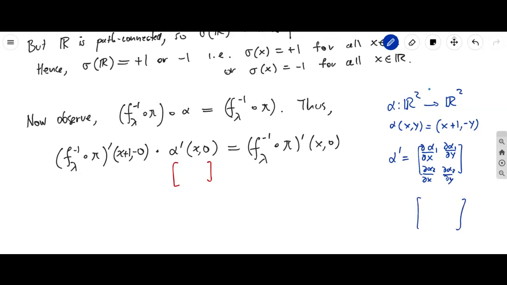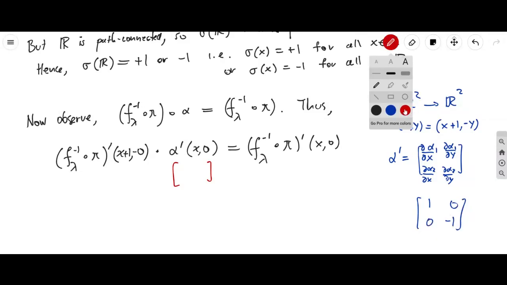So if you work it out, the first component is the function x plus 1, and you differentiate it, you get 1, you get 0, 0, negative 1. That's what you end up getting. So the derivative of this map is actually a constant matrix, regardless of what you pick in for the point.